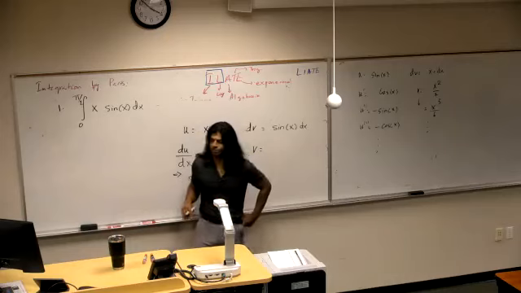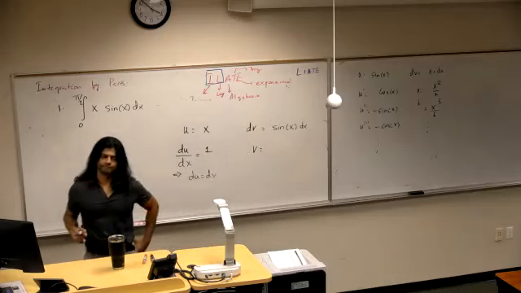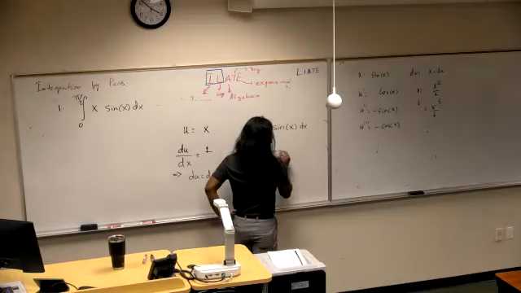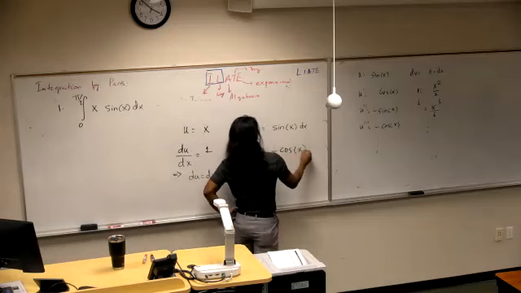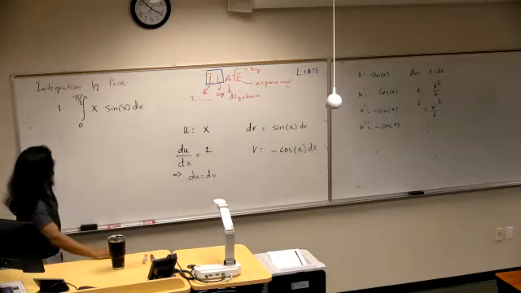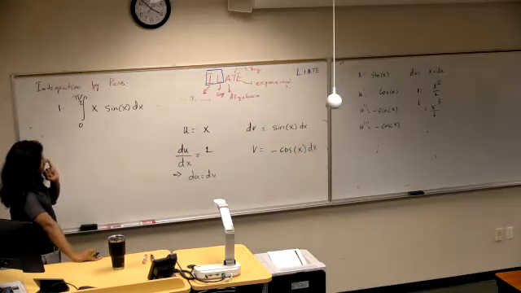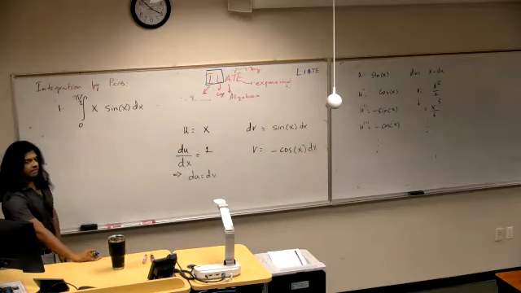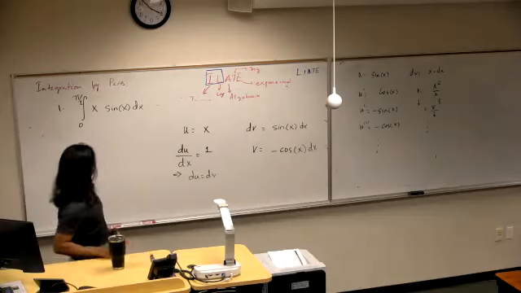What is the integral of sine x? Negative cosine x. We are integrating, not differentiating. So I've got u, I've got du, I have dv, I have v. I'm going to use the formula uv minus integral v du.